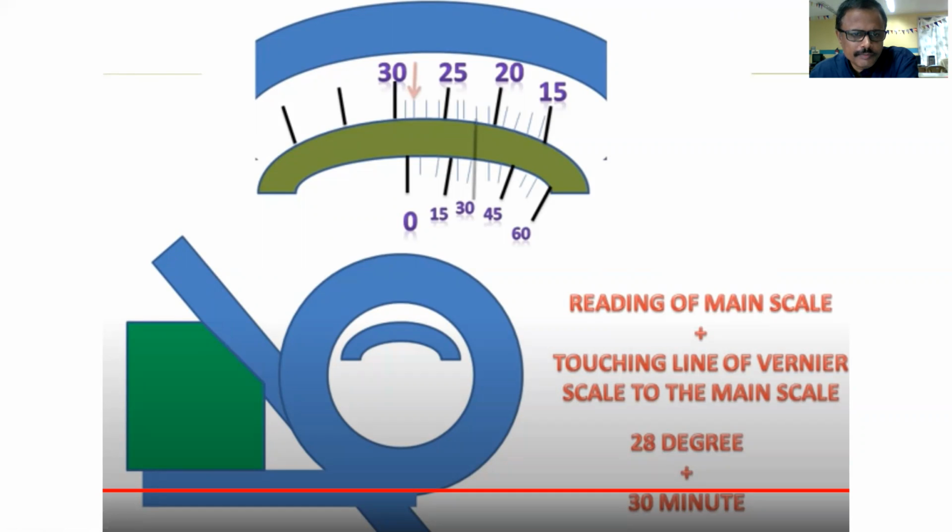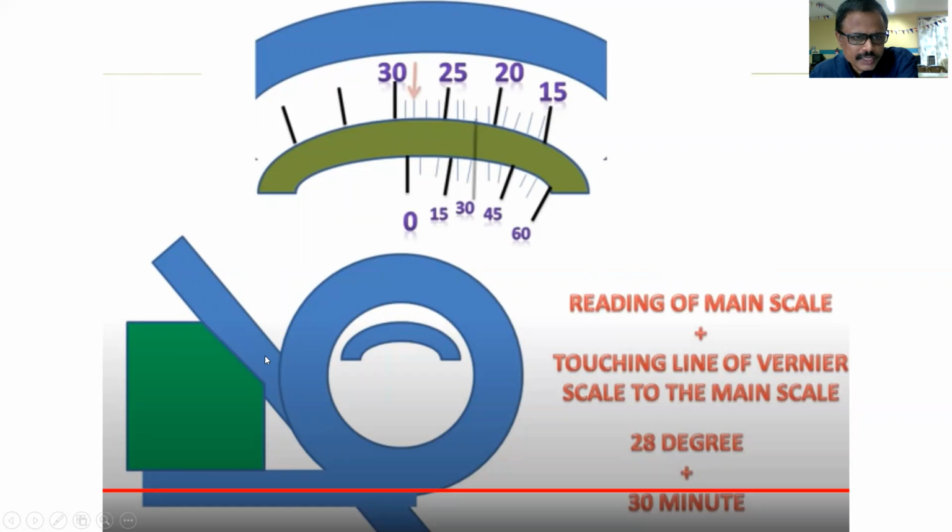On the base, that is here at the bottom, the surface of the workpiece is placed. So first you have to fix up the bevel protractor like this.